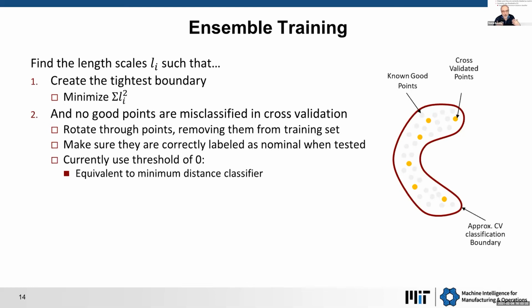So basically, during learning, we'll rotate through the various data points, throwing out some of them, making sure that we still get correct labeling of those pulled out data points when they're inserted back again with the learned length scales. We're essentially saying for a new data point, as long as I'm near to any other known good data point, that's okay. So that's a minimum distance kind of classifier here.